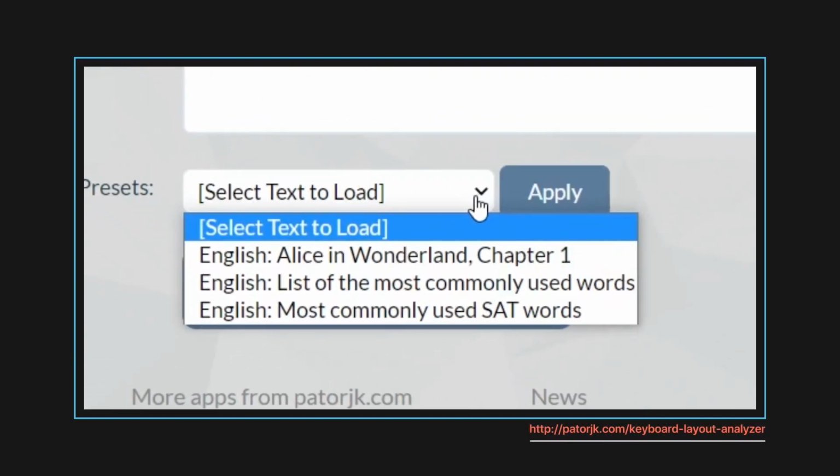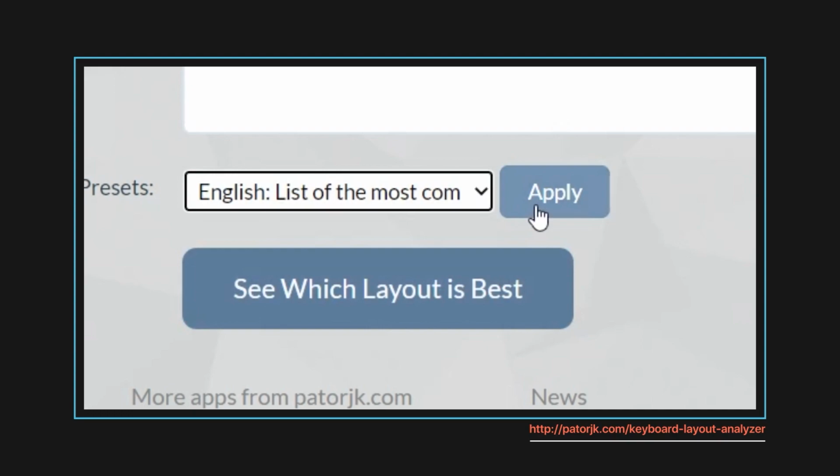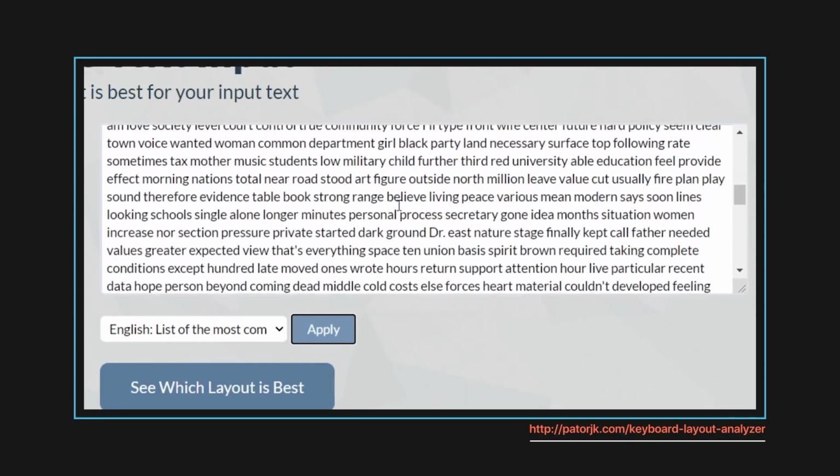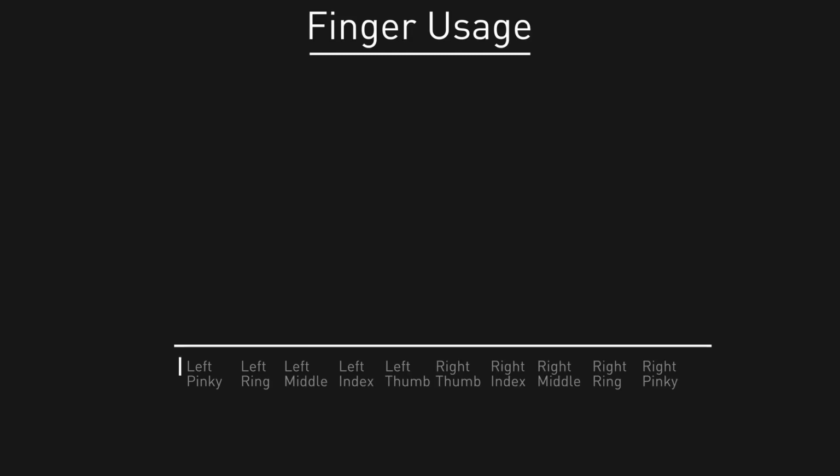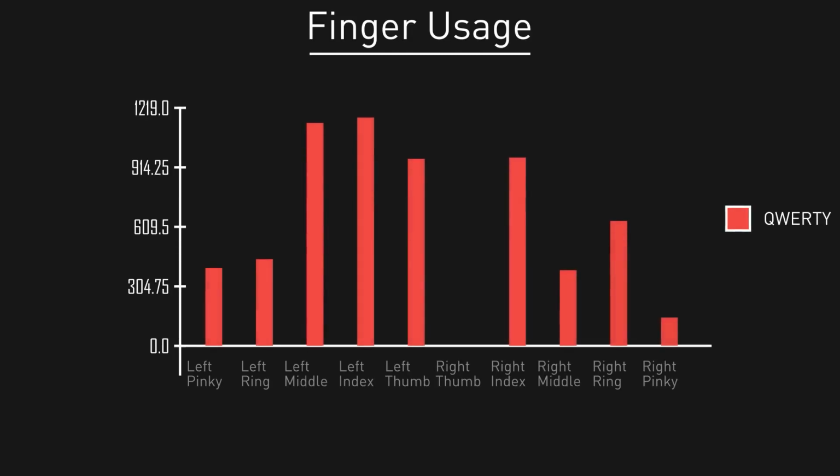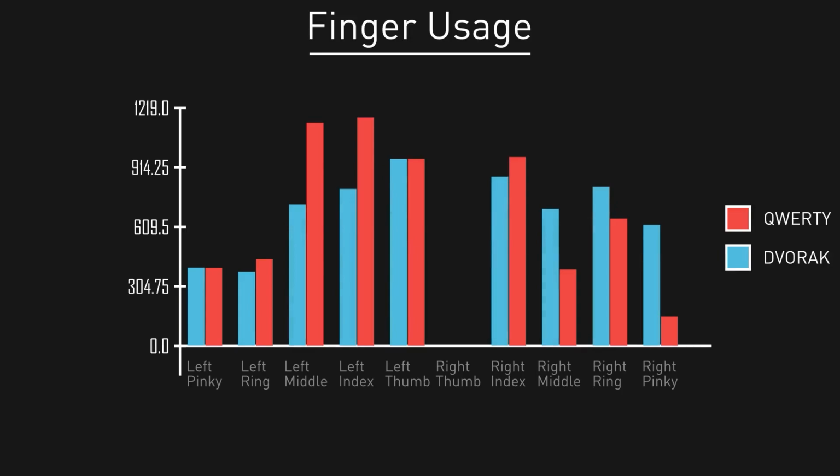Well, a guy named Patrick Gillespie went into the effort of making a tool that calculated distance traveled by fingers on different layouts. Let's drop some bars to illustrate. No, not these bars. When touch typing the most commonly English words, we notice a more distributed and balanced finger and hand usage.